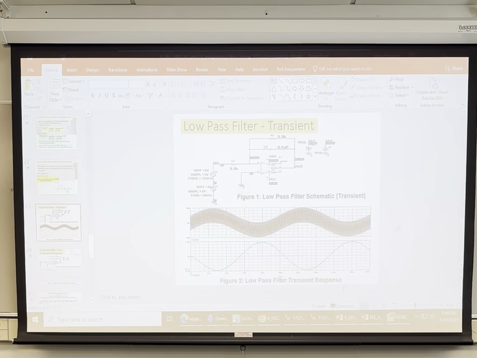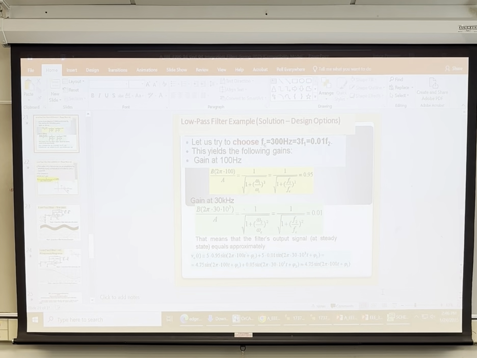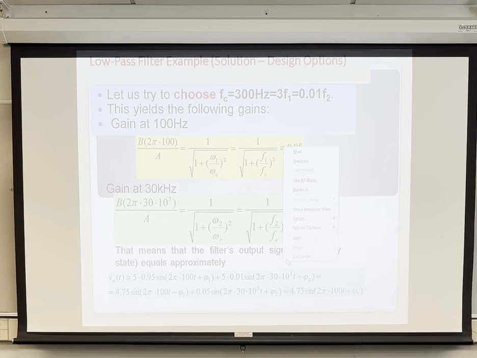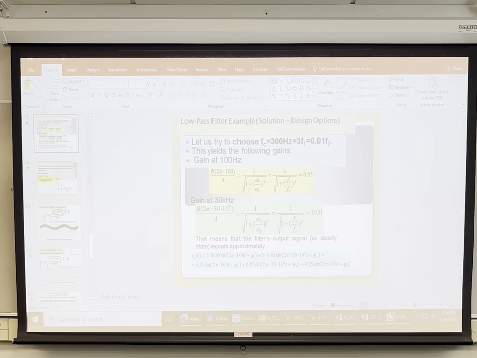And according to the calculations that you'll do in your assignment, the output should be 4.75 sine of 2 pi 100t. So the amplitude from PSpice should be 4.75, and it should be 100 hertz.